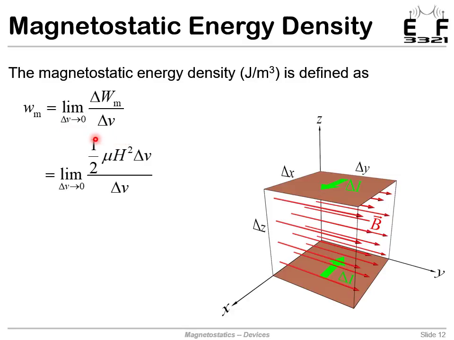Well, we had an expression for our delta Wm, and we divide it by delta V. These delta V's cancel, and we have an expression for the energy density of the magnetic field. It's 1/2 mu H squared. And if you remember from electrostatics, we had an energy density in the electric fields as 1/2 epsilon E squared. So the same thing has happened here. We had to arrive at it in a different way, but the conclusion was the same.